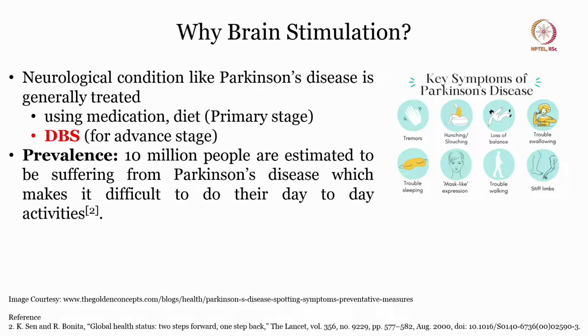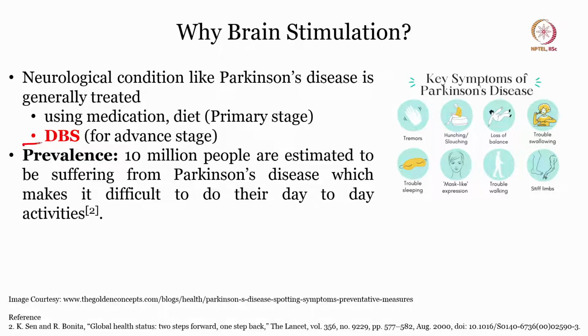So, the next slide, if you see: why brain stimulation? Generally people may think, why do we need to stimulate a brain? For a neurological disorder, initially it is treated by using medication or a diet, right, that is at the primary stage.